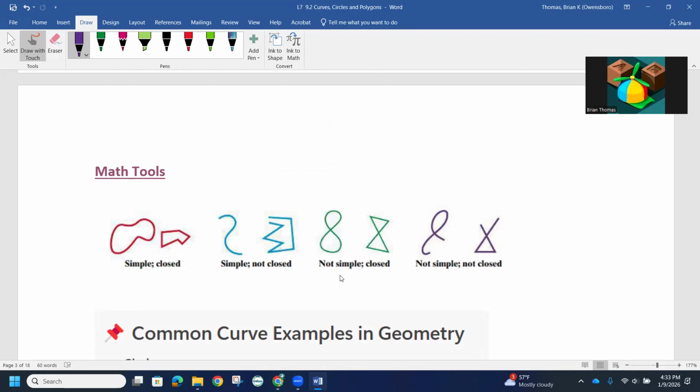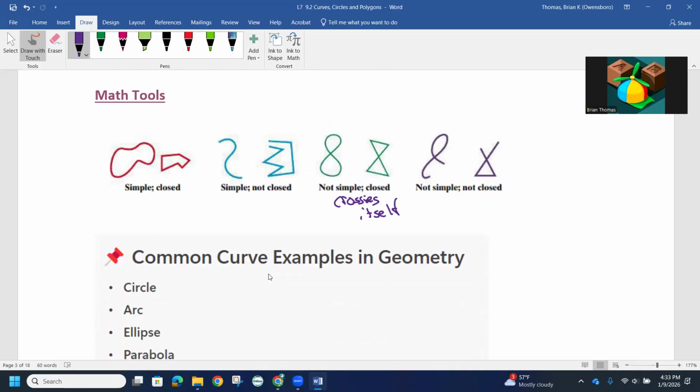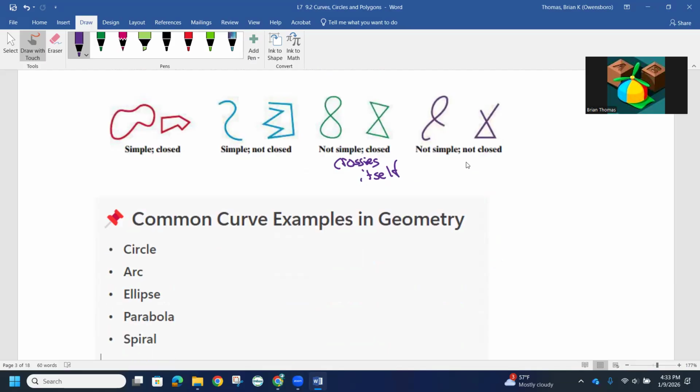Again, not simple crosses itself, but simple does not cross itself. More commonly in geometry, we're probably more used to the simple than the not simple. These shapes look a little more familiar than the shapes over on the end.